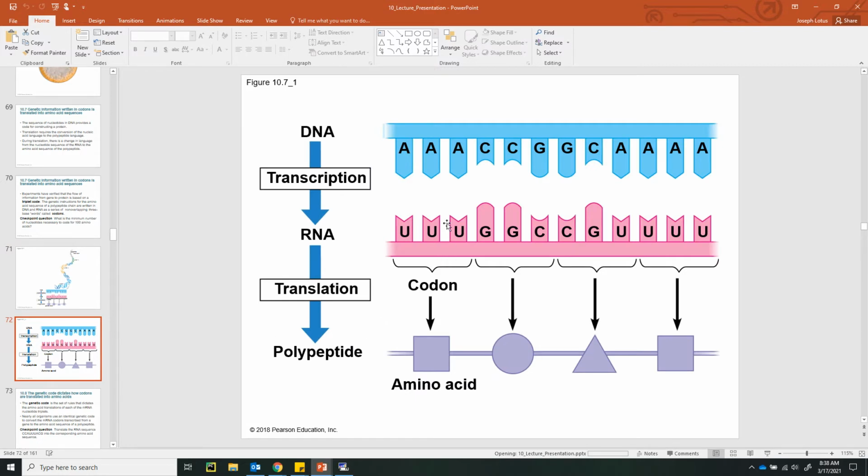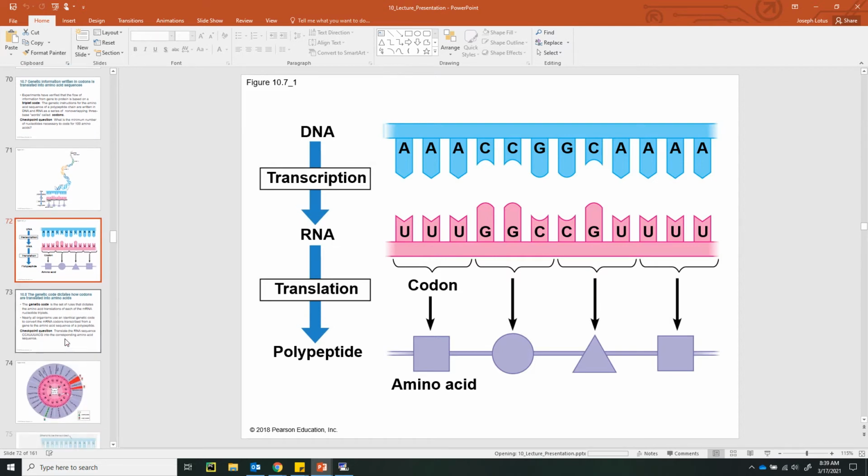Well, the RNA codons actually tell us which amino acid we need to go get. So you can see here how the DNA code is storing information that will eventually tell us exactly which amino acids need to be put together. This is the information, and this is what we're trying to build here, the actual amino acid sequence.